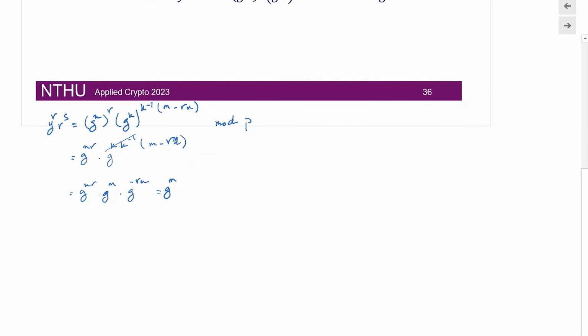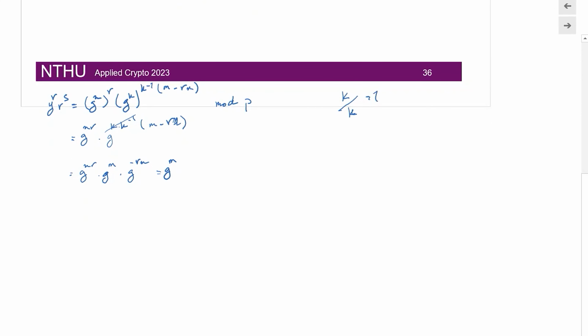Okay, so remember that we can do k divided by k, right? This becomes 1. So in modular arithmetic, we said that the inverse of a number, remember for RSA, we discussed that d is the inverse of e, right? Because e times d becomes 1 mod n, right? And we had the extended Euclidean algorithm.